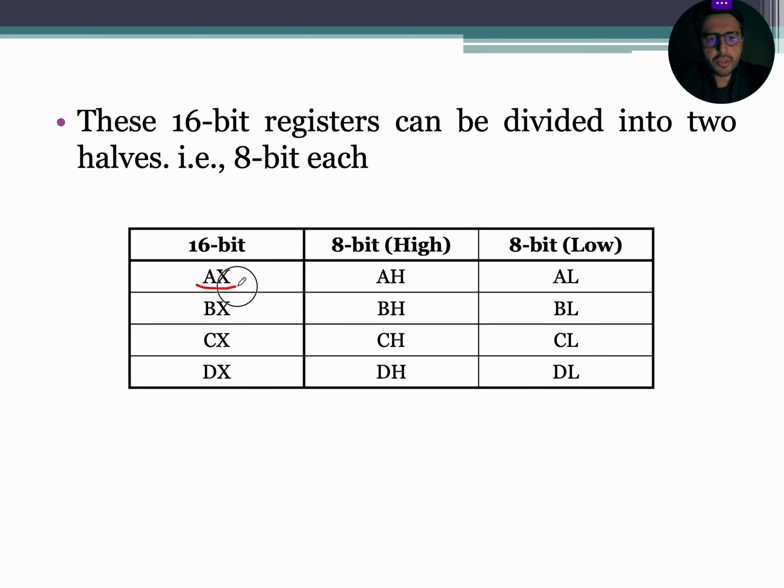These 16-bit registers can be divided into two halves, AH and AL. Similarly, BX can be divided into two equal halves, that's BH and BL, and so on. AH is used to store the most significant 8 bits and AL is used to store the least significant 8 bits of AX.